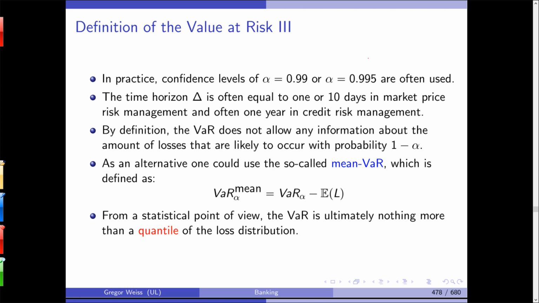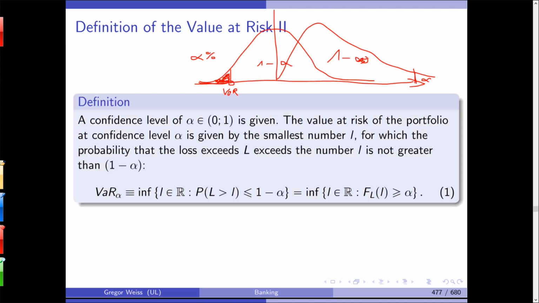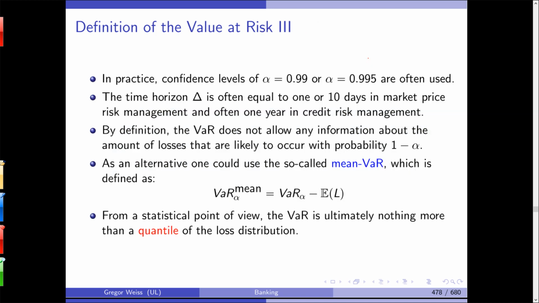And obviously, you don't set alpha to be 50 or 40%. You set alpha to be 1%, 0.5%, 0.05%. So you are looking at VaRs that are on the extreme left side of the P&L distribution, because you want to get more or less a lower bound for the losses.